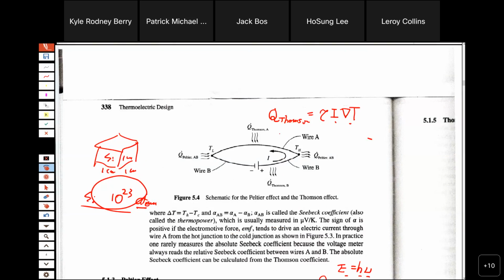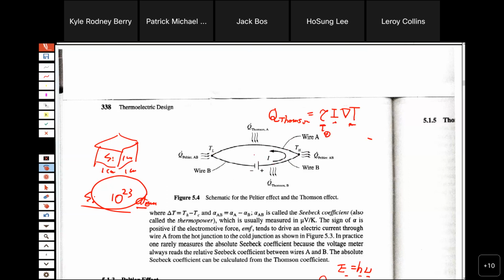So, okay, then Thomson, what is that? Okay, look at that again. There is a temperature gradient. Yes, we know that. High temperature gradient. And also current. I said that we put the current. So we have a current. This coefficient is always positive.